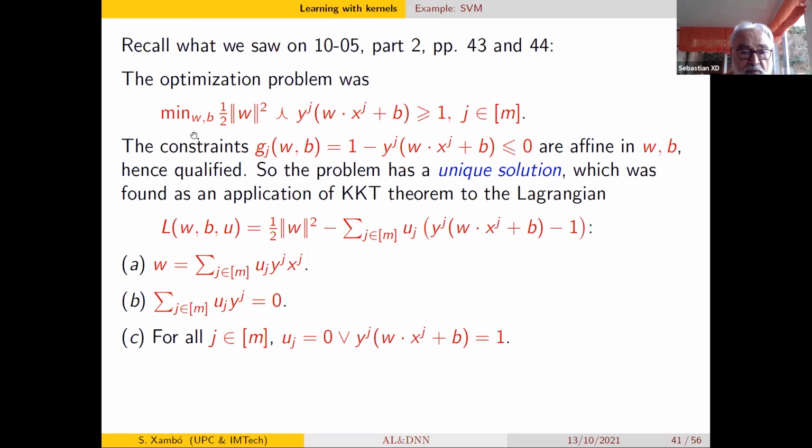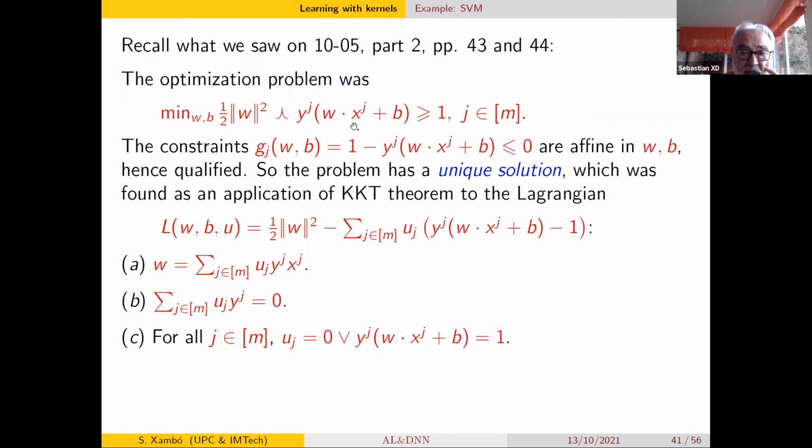We had to find the minimum with respect to W and B of the norm of W squared, subject to these conditions, which were separating points on one side or the other of the hyperplane. Now, the constraints of this problem are the Gj of WB is 1 minus this expression. This should be less than or equal to 0.